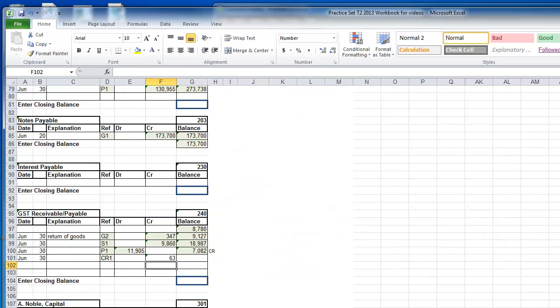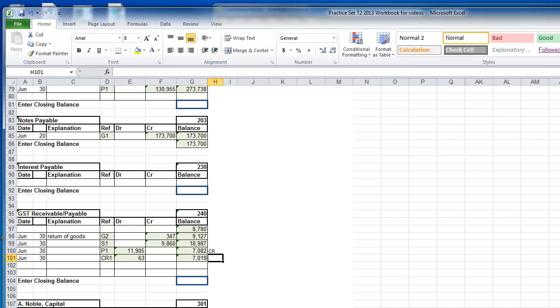So we'll go over here, and it'll be easier. Let's do this. So this is going to further reduce our GST liability.